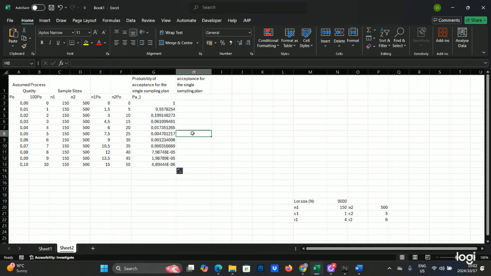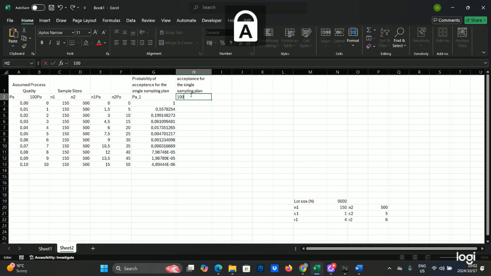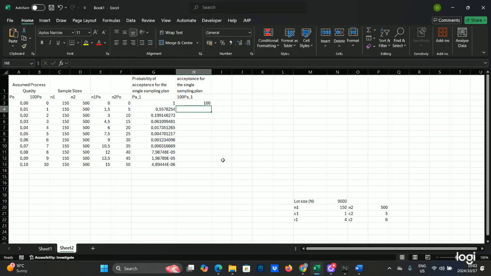Right. And then now we're going to calculate our percentage of acceptance. It's going to be 100 PA, which is equal to this multiplied by 100. And then we drag our formula.